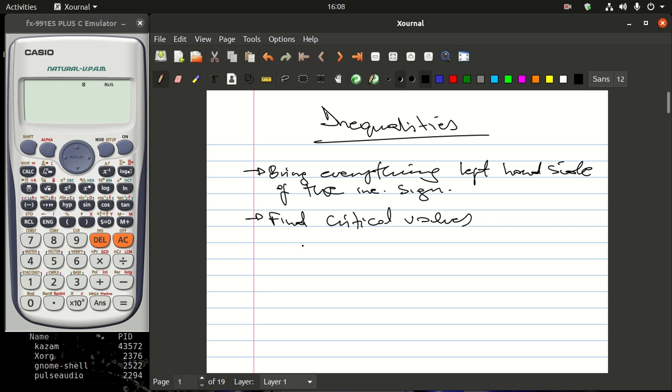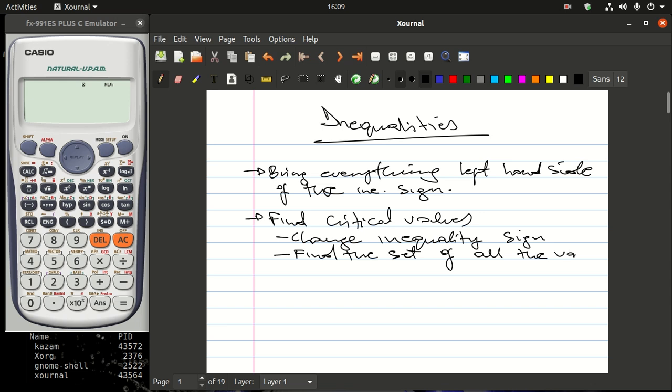Finding the critical values is simple. We first change the inequality sign to an equality sign. Secondly, we find the set of all the values x such that the equation is equal to 0.